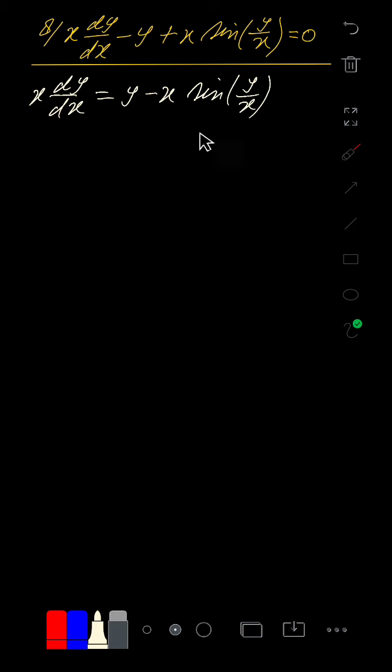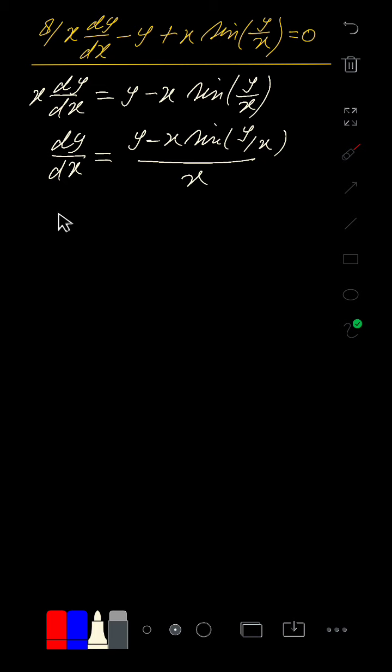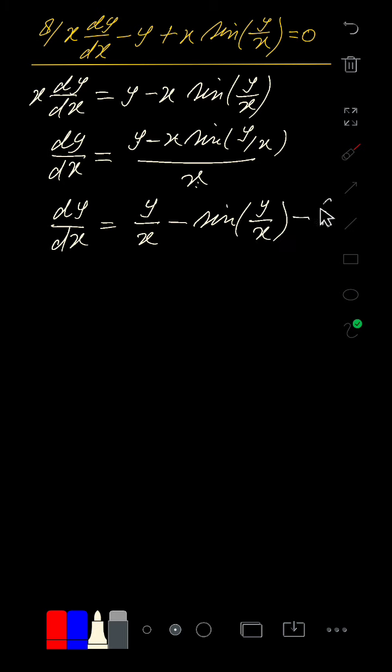Transposing this x to the right-hand side, we have dy upon dx is equal to (y minus x sin y upon x) upon x. So this x will divide both the terms, and splitting these two terms apart, we may write them as y upon x minus sin y over x. Let it be equation number 1.